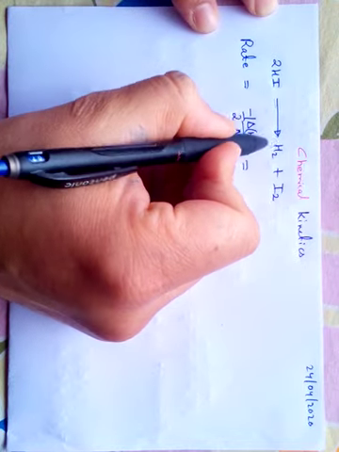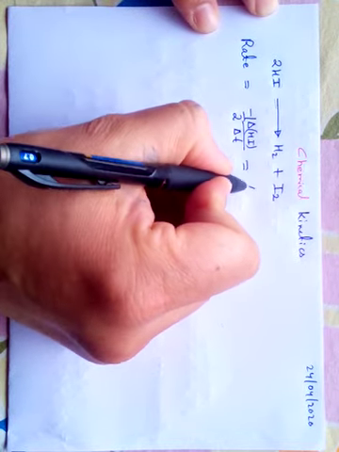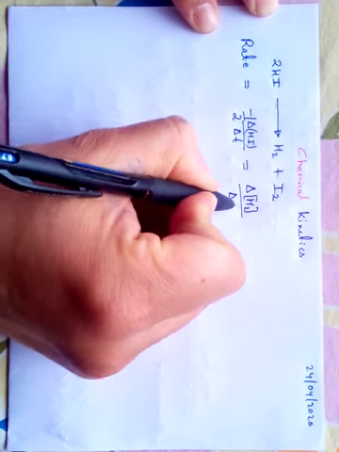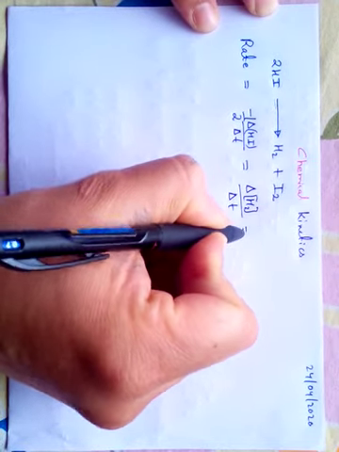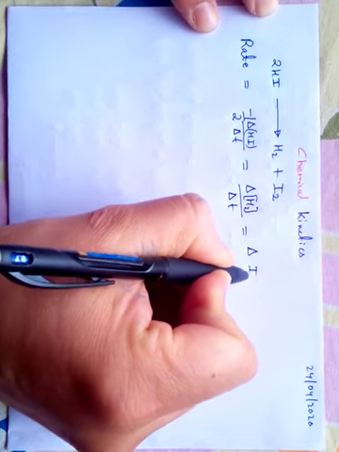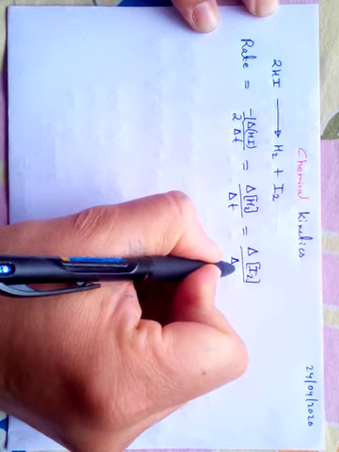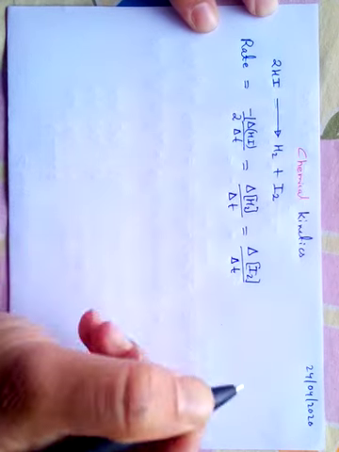which is equal to, so there is no coefficient here, so simply we can write it's delta H2 by delta T equals to delta I2, the change in concentration of I2. So this is the equation.